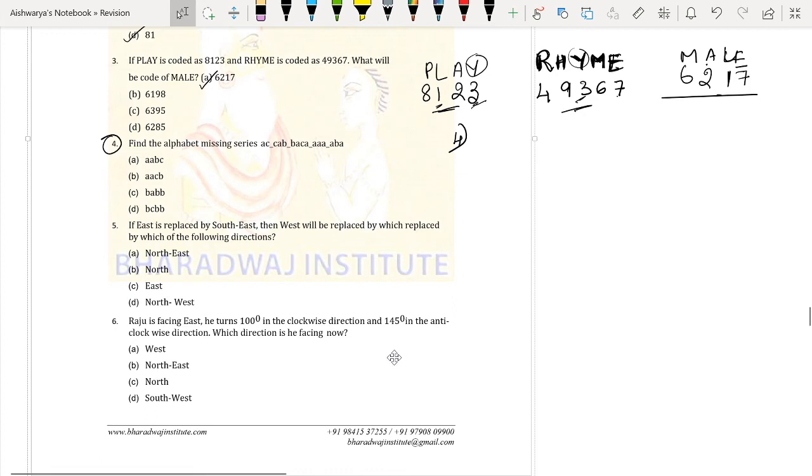Fifth question, right, ma'am? Correct. If east is replaced by southeast, then west will be replaced by which of the following directions? Okay.